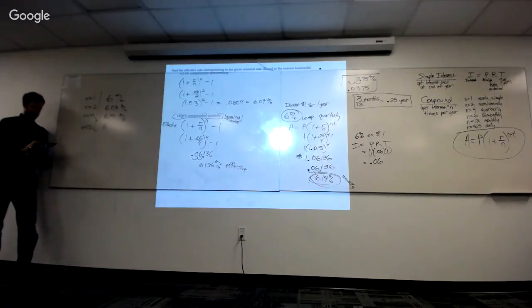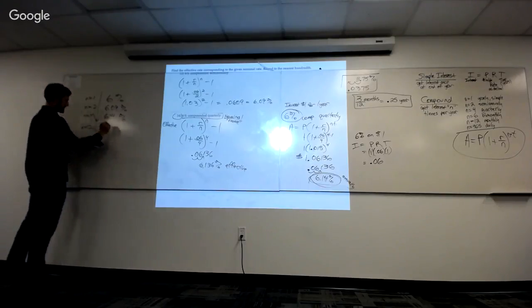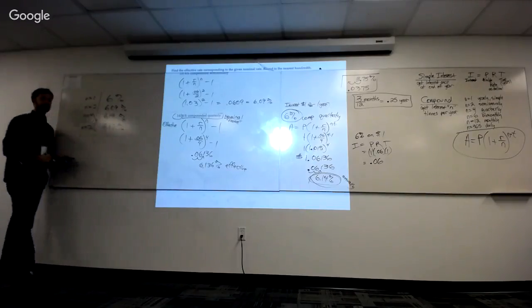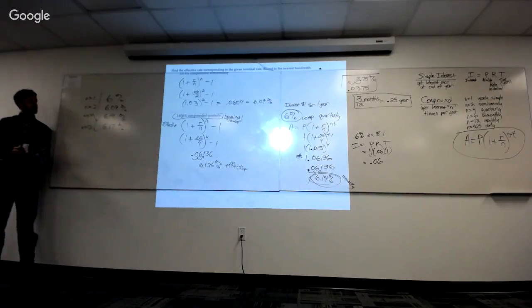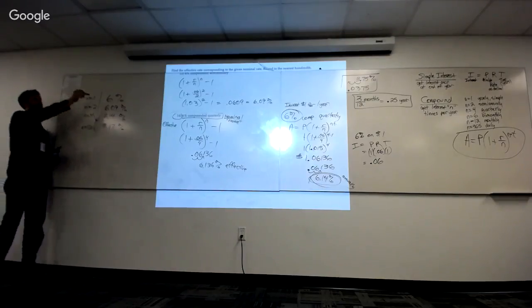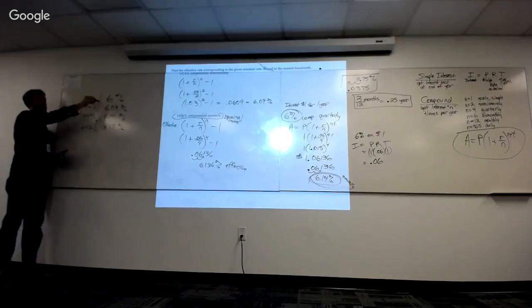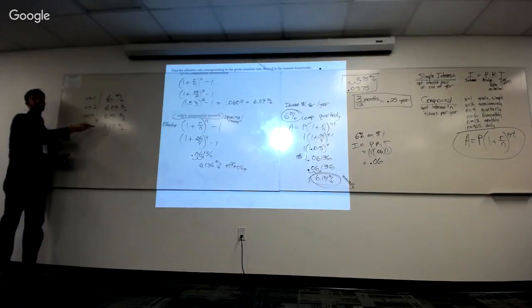If you all do it, 1 plus 0.06 divided by 12, all raised to the power of 12, minus 1. It got all the way up to 6.17%. Is it increasing as rapidly as it started out increasing? How much did we increase by at first? 0.09. And then? 0.05. And then? 0.03. So it's slowing down.